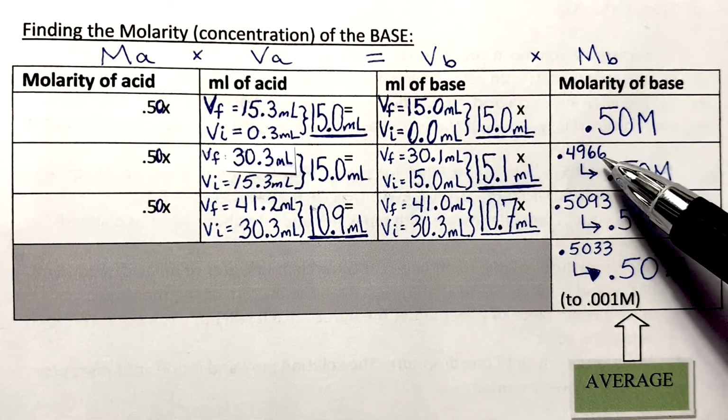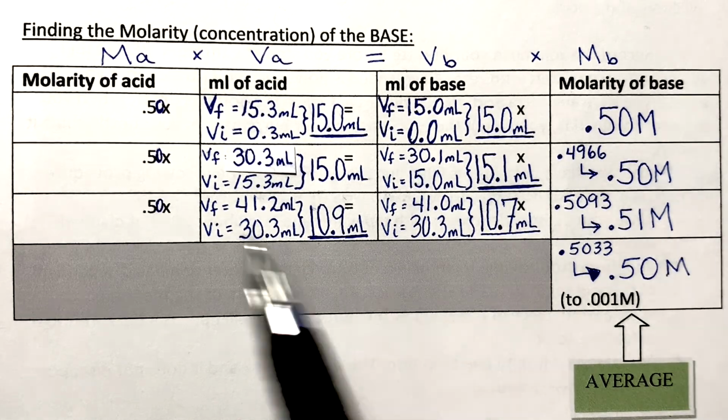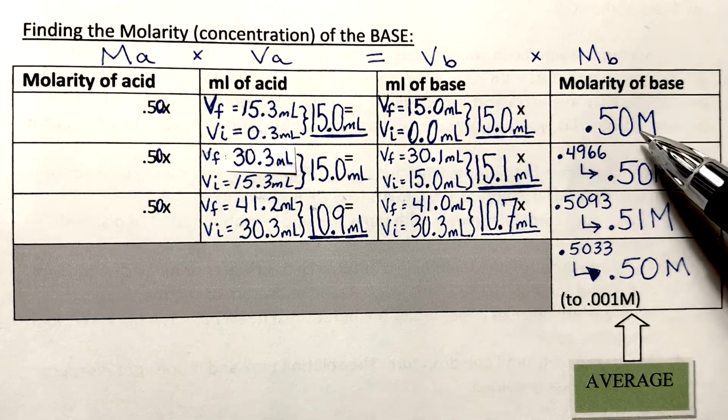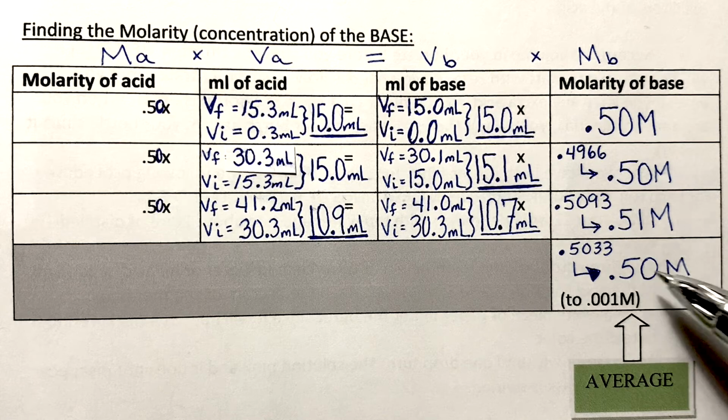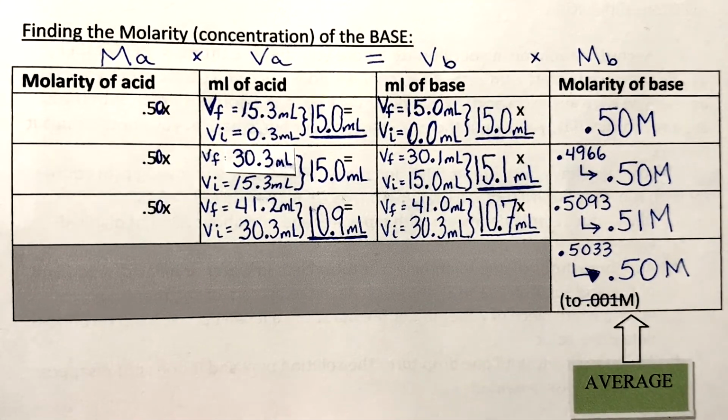You'll notice here my calculator spit out some extra digits that it didn't really know. And so, of course, using 2 sig figs because of the standard solution that we had, we went with 2 sig figs for our final answer, even though this says to go out to 3. All right, and that's how you find the molarity of the base.